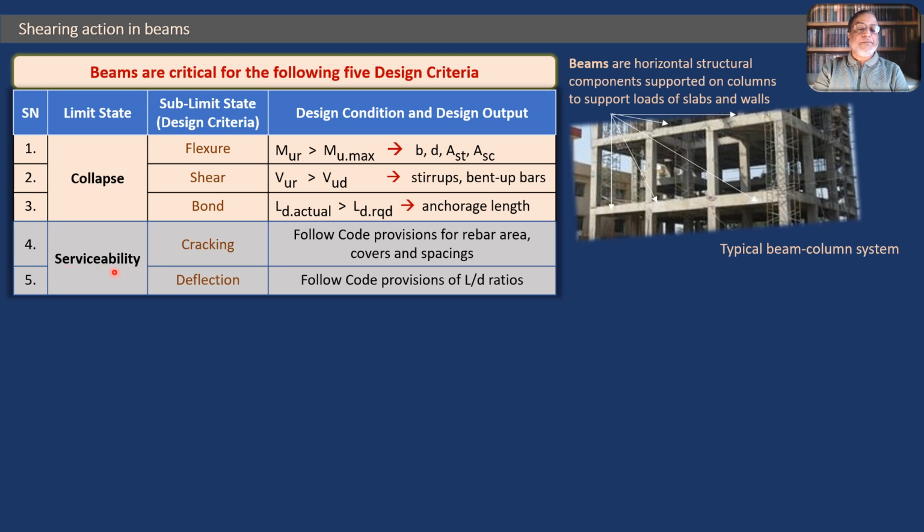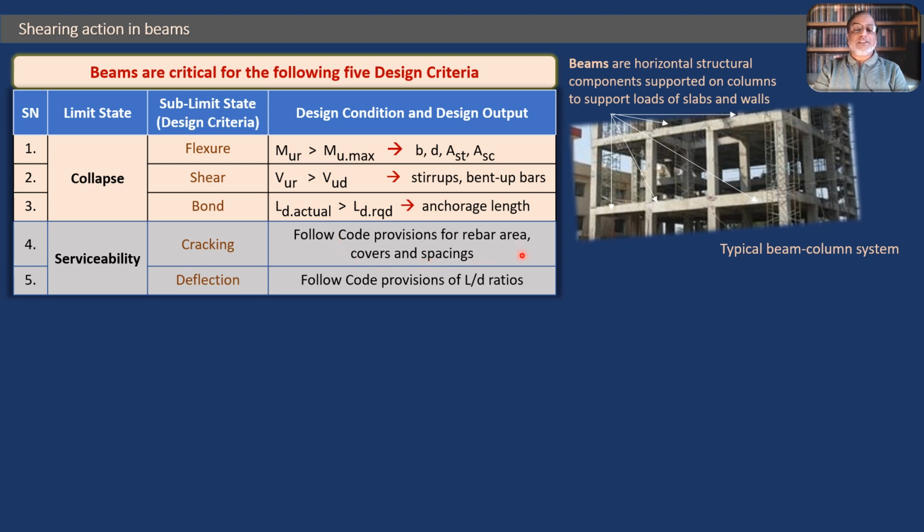Now for serviceability, we have got 2 design criteria, cracking and deflection. We have to follow the code provisions for rebar areas, covers and spacings. So whatever reinforcement we are going to provide from the design, the IS code has given some specifications about the cross-sectional area and the distances called covers as well as spacings.